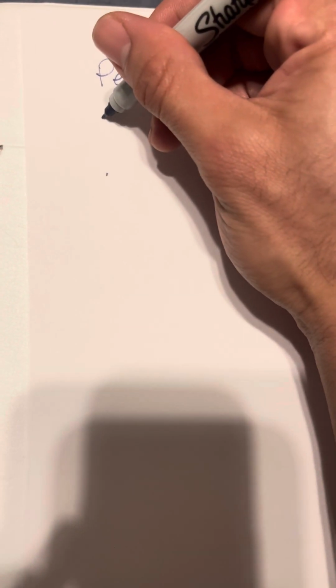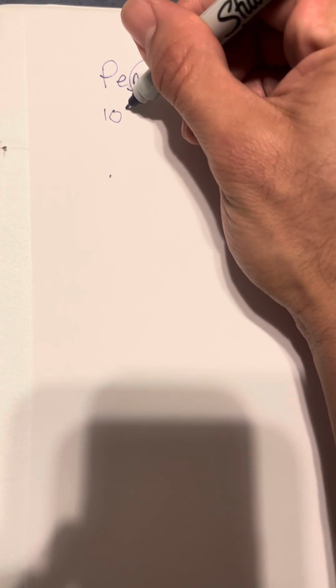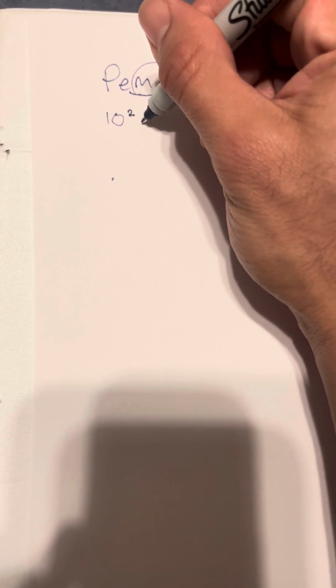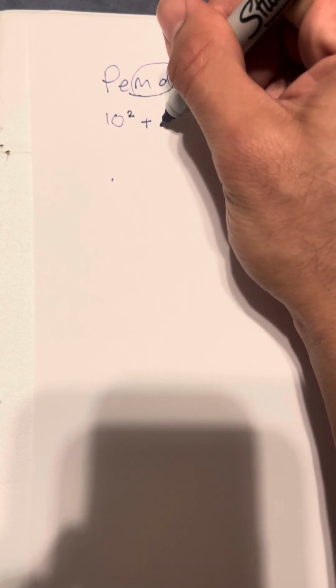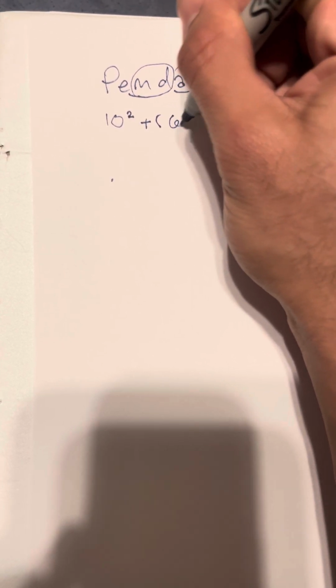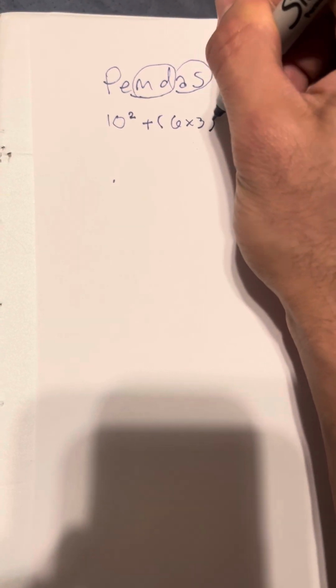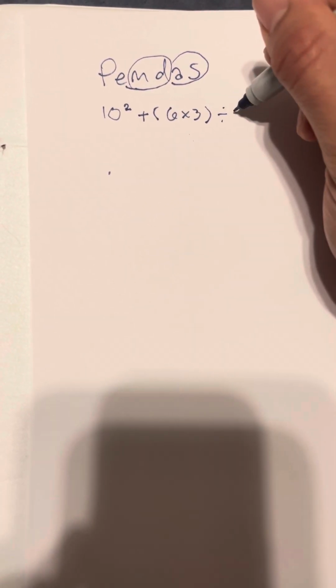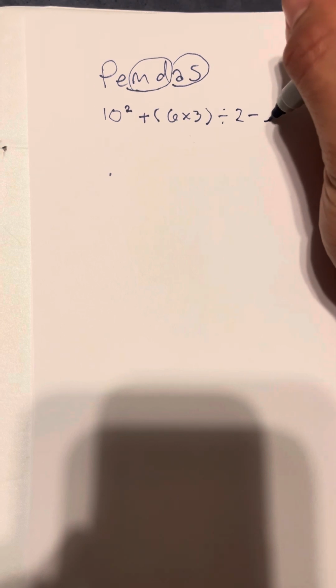They are also on the same level, but you'll be solving left to right. So let's start out with 10 to the 2 power plus parentheses 6 times 3 divided by 2 minus 5. It's my little example here.